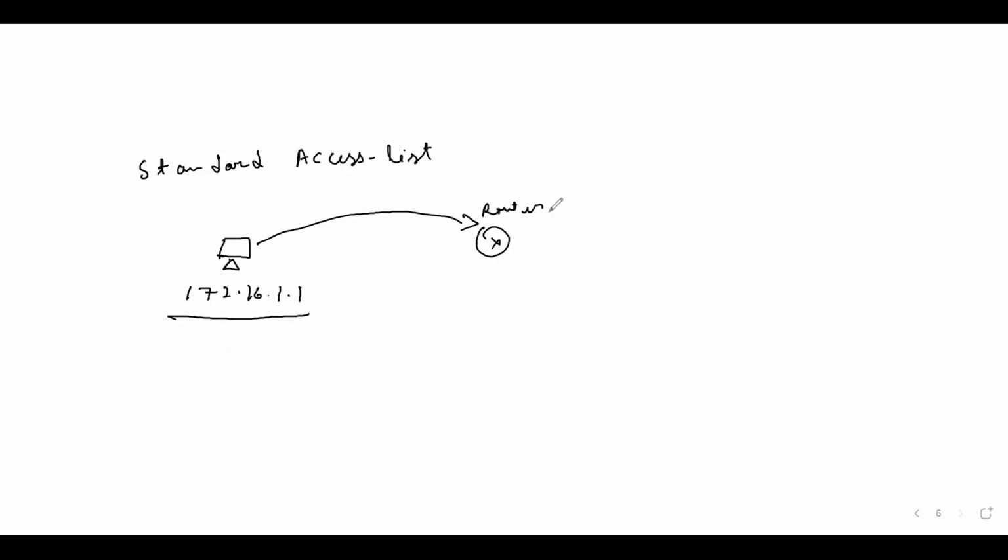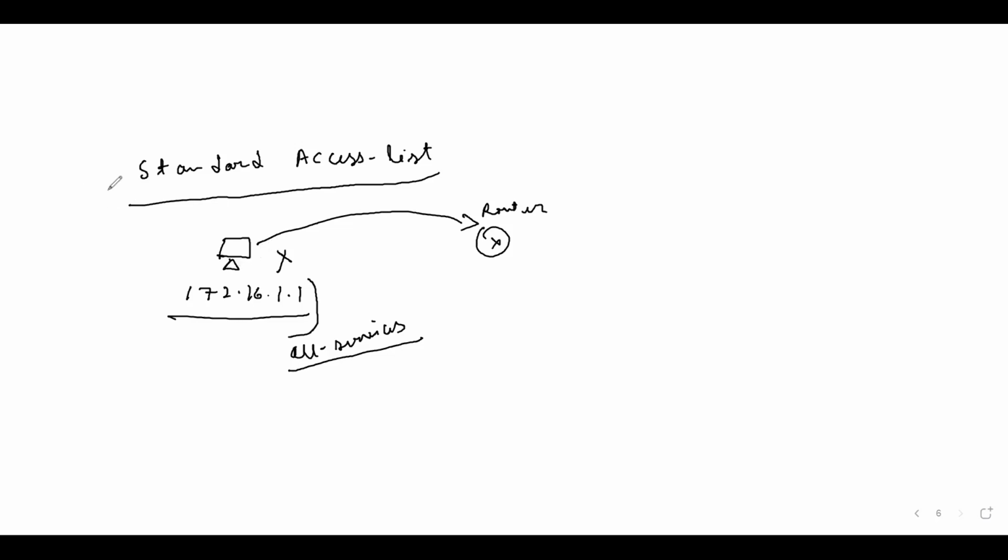If I am using a standard access list, it will block this host and all services, meaning it would be completely unreachable. So that is the problem in standard access list. I blocked everything of this user.